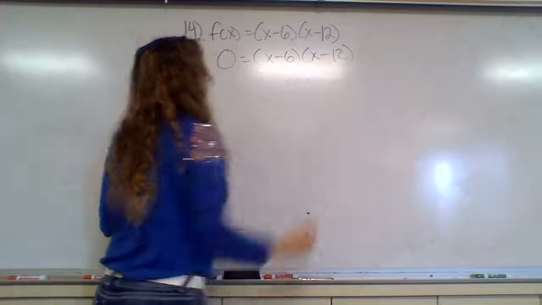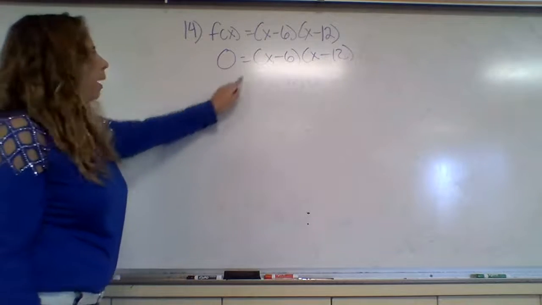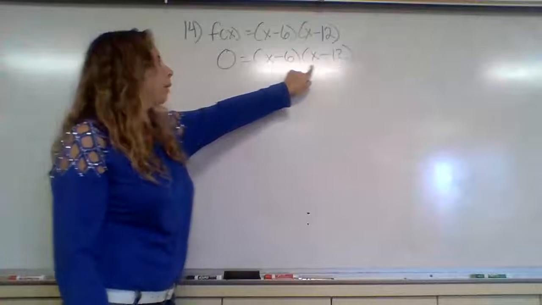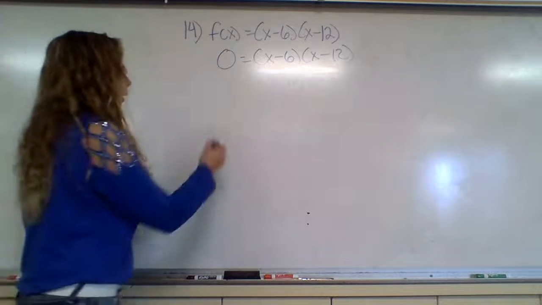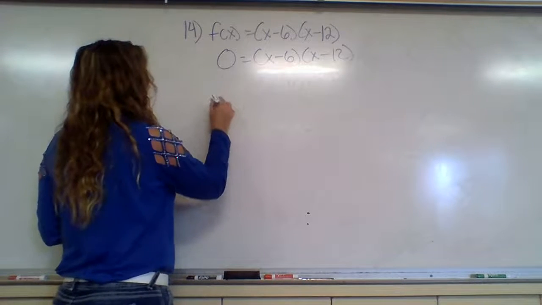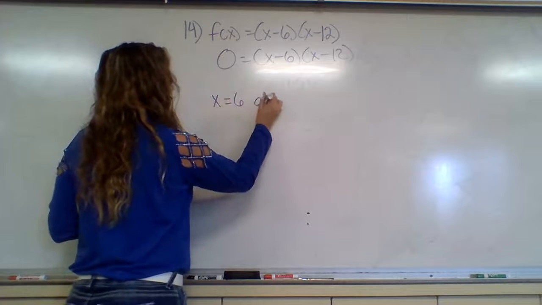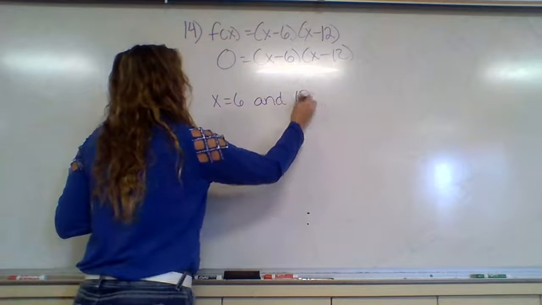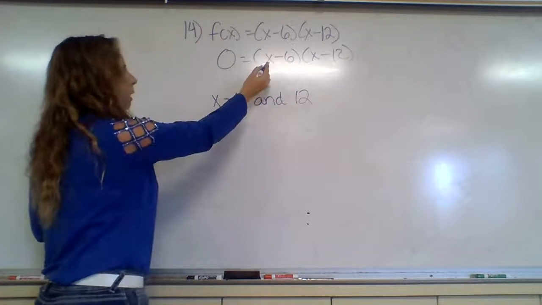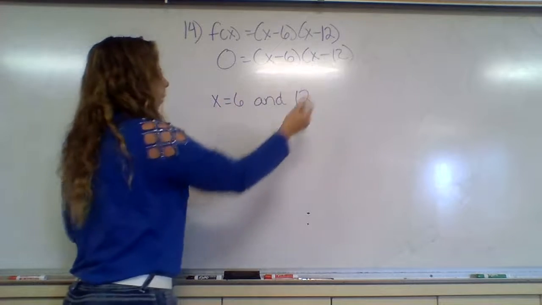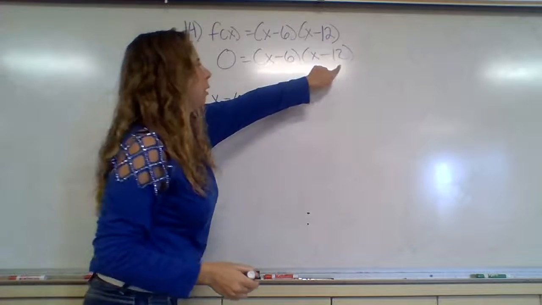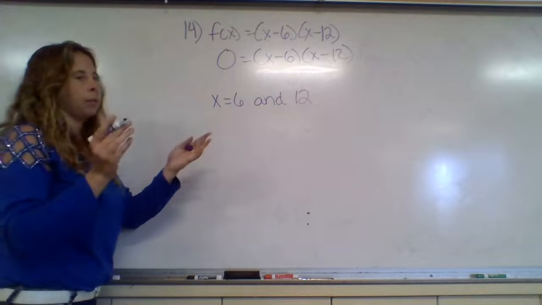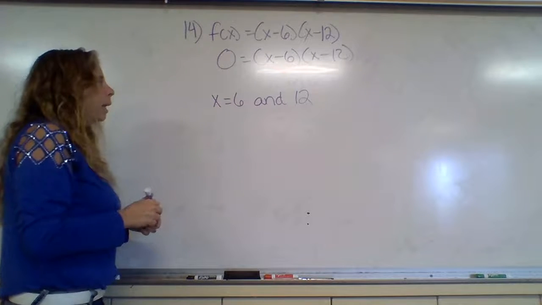All right, so what values of x would make this equal to 0? It's going to be x equals 6 and 12. Positive 6 would make this 0, which would make everything 0, and 12 would make this 0, which would make everything 0, because 0 multiplied by anything is 0.